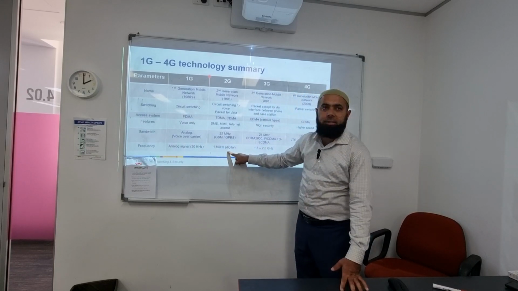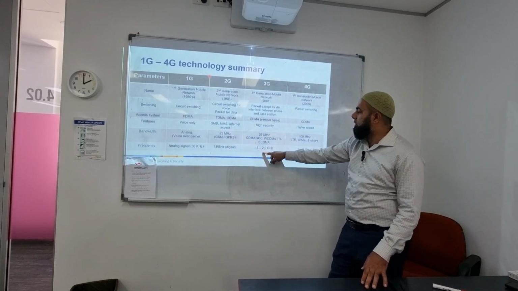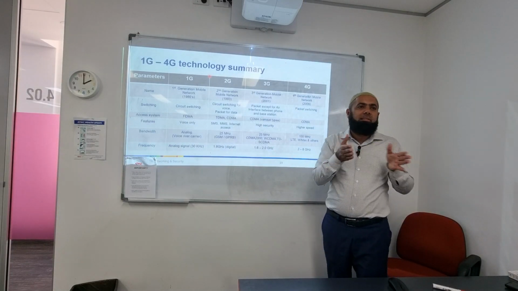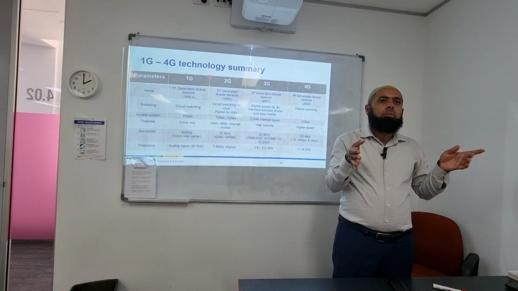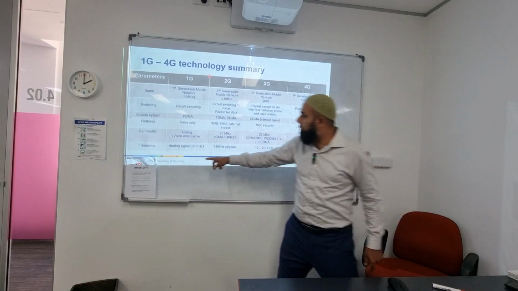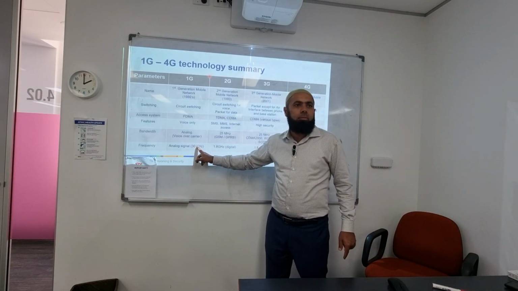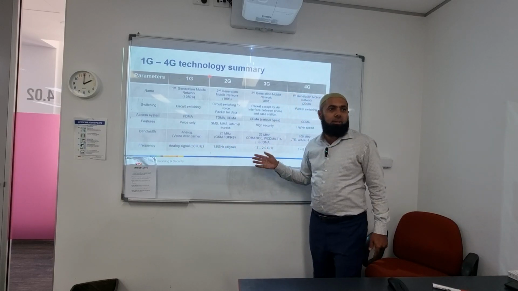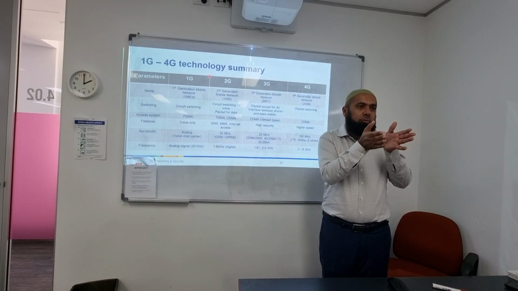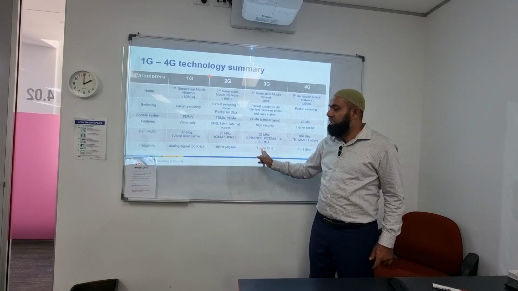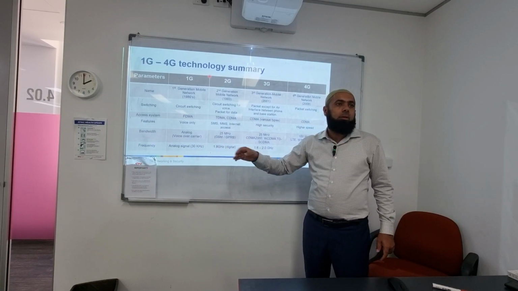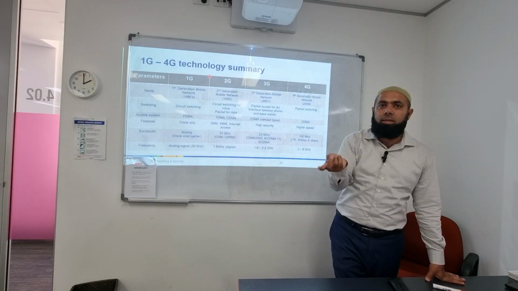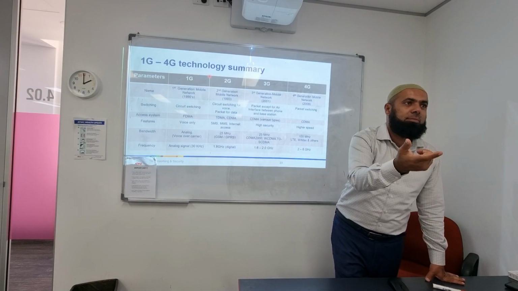On 2G 1.8, digital, 3G 1.6 to 2.8 gigahertz. Remember that when bandwidth increases, the percentage, let's say 10% of this, 10% of this, is much more than for the smaller one. When something is in gigahertz and you take 10%, and something is in kilohertz and you take 10%, it is different.